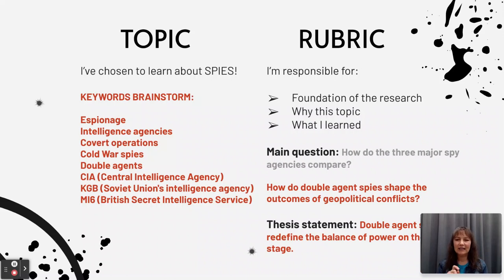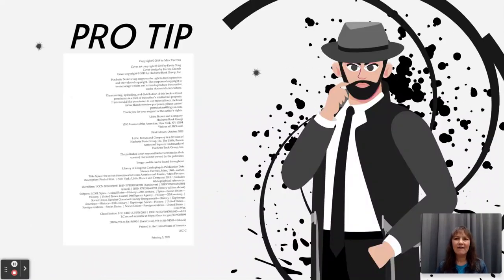And my related thesis statement is that double agents shape and redefine the balance of power on the global stage. So I've got all of my main requirements for my rubric here. At this point, I have decided I'm for sure going to use this book.